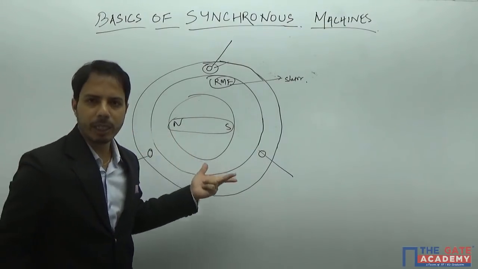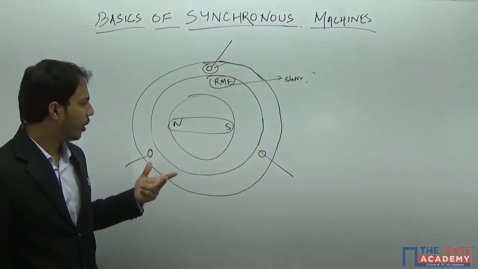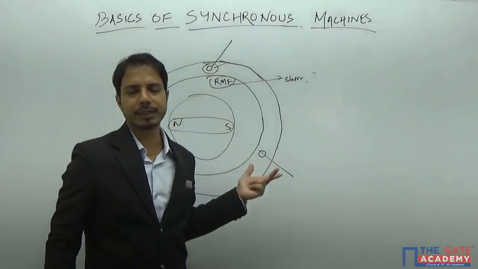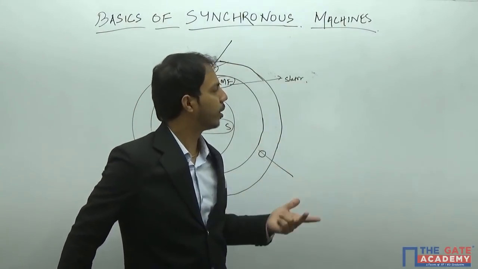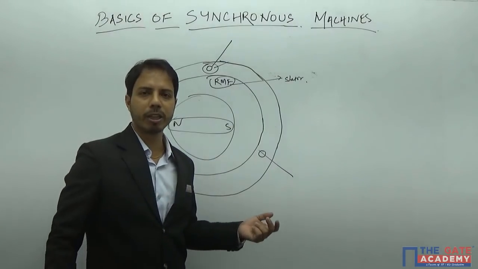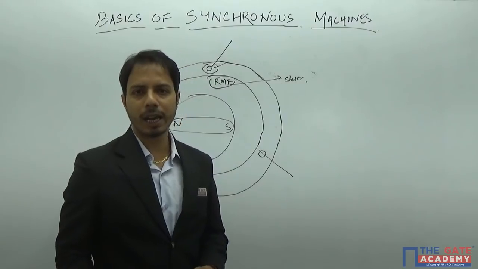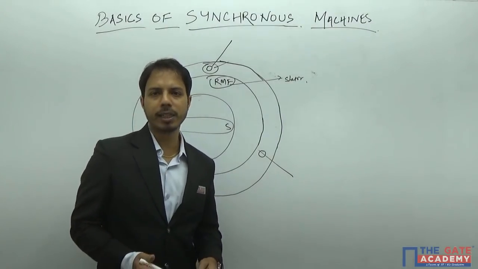I'm not going deep into this particular topic, why it is not self-starting. What is important for us to understand is that this synchronous motor is not self-starting, but to make it self-starting, we can start it by short-circuiting the conductors, as in how an induction motor starts.